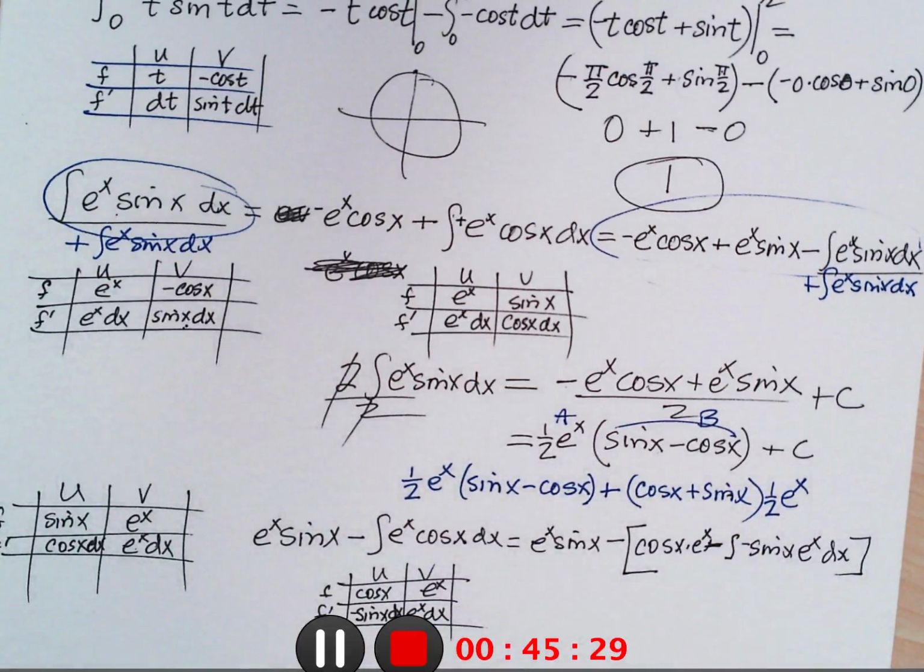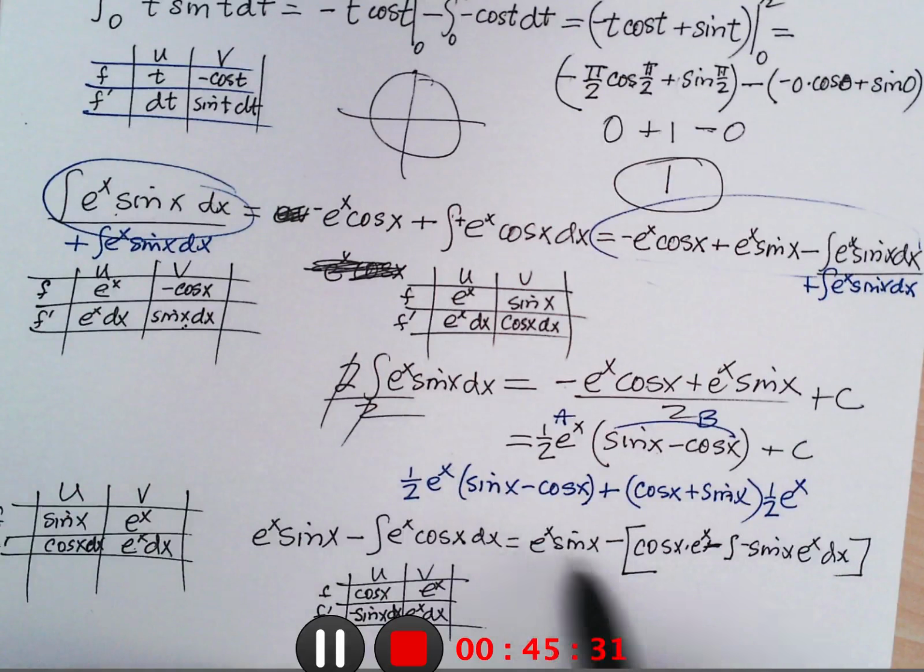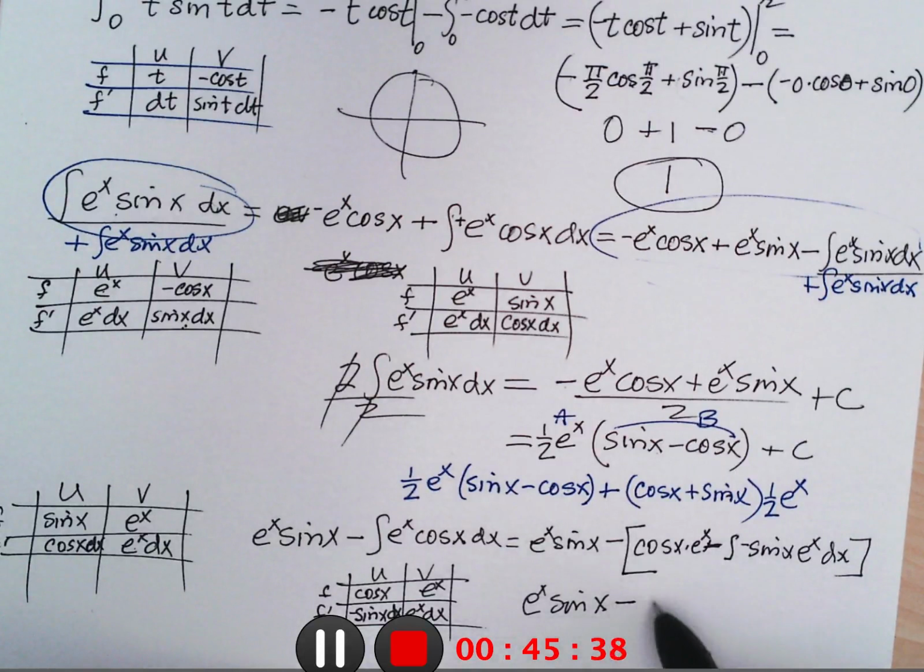So I have e to the x sine x minus e to the x cosine x.